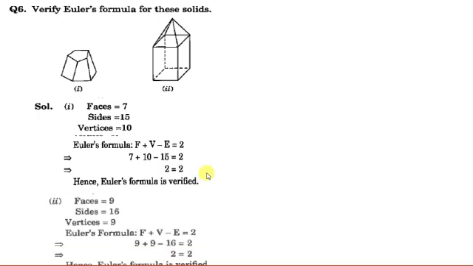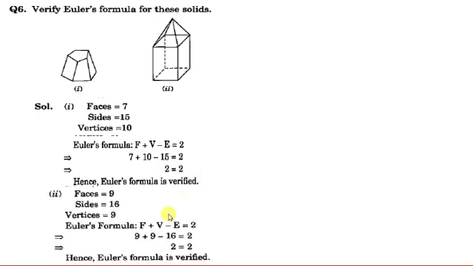And then we have F plus V minus E is 9 plus 9 minus 16, that is 2. So again for this solid also Euler's formula is verified.